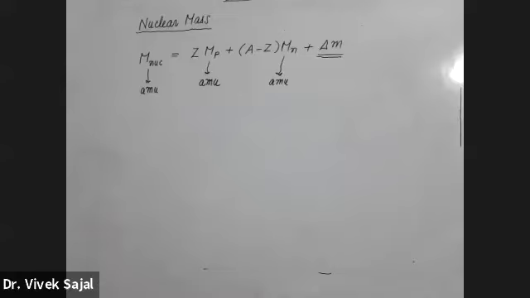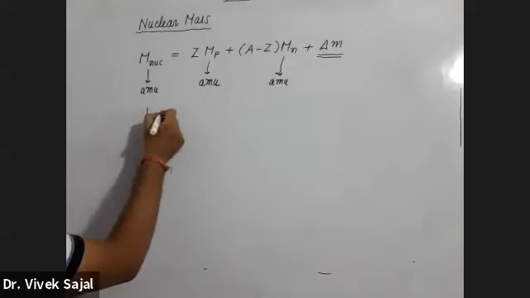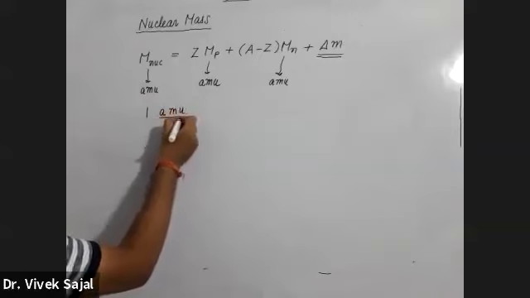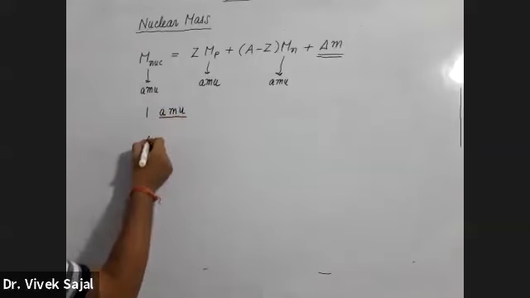So we should be aware of the equivalent energy of one AMU. Suppose I have this reaction and I want to convert this into energy terms. Then what will I do? So basically I'm choosing one AMU, one atomic mass unit, and finding its equivalent energy.